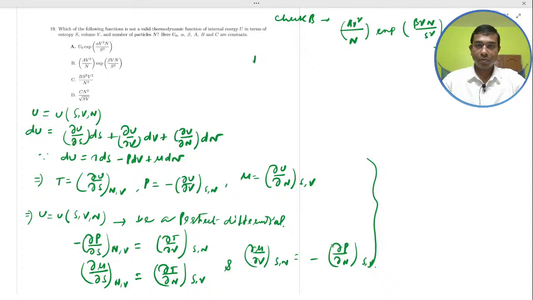So for checking, T will be del U del S at constant N and V. Put this value here and calculate the pressure.